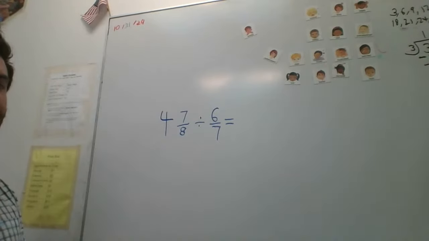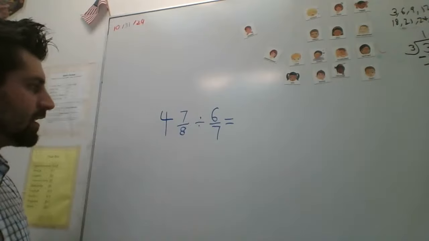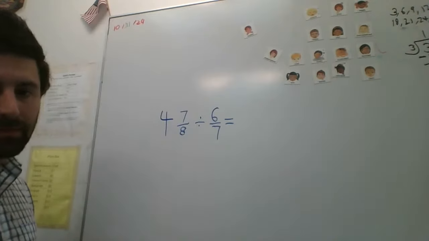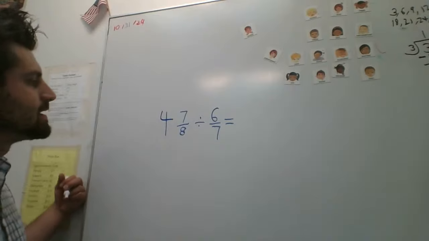So step one, we have to convert 4 7/8 to an improper fraction.